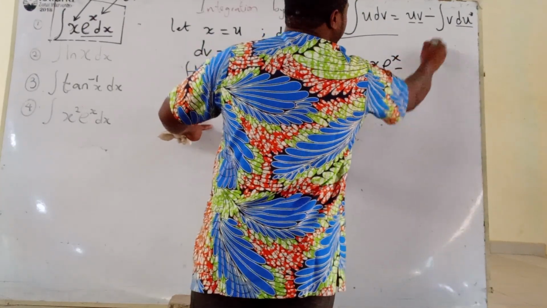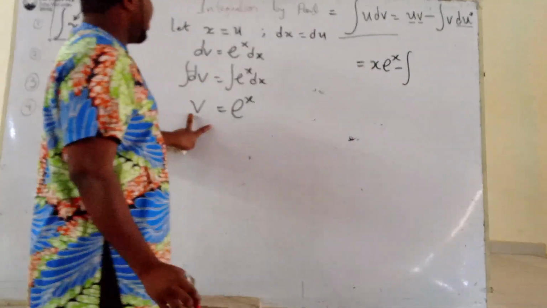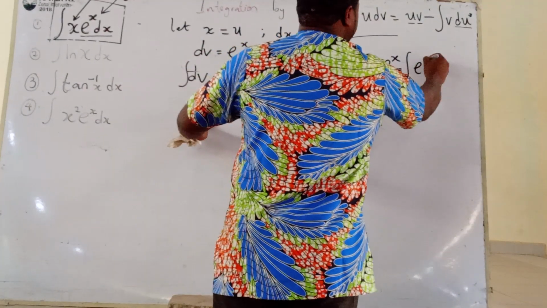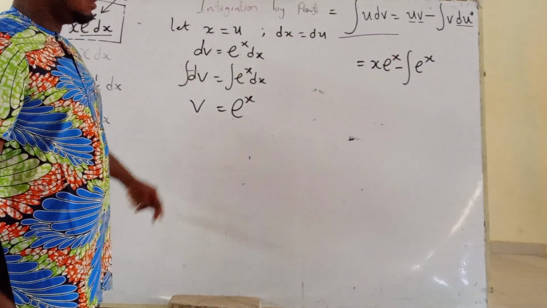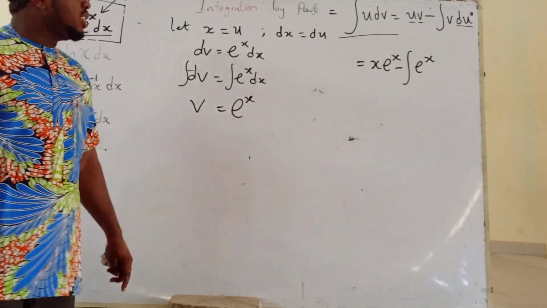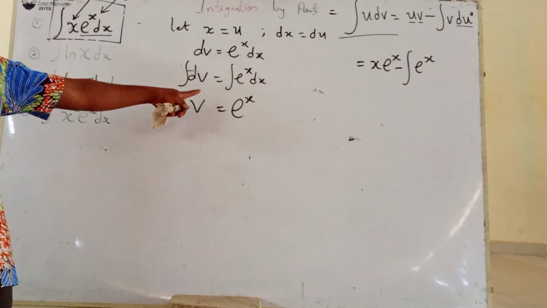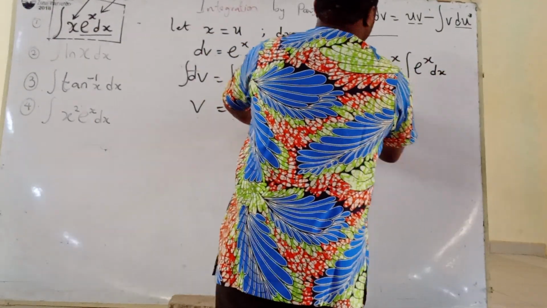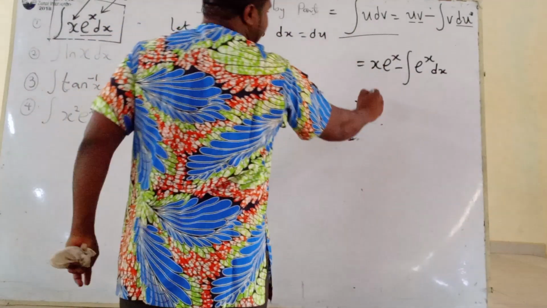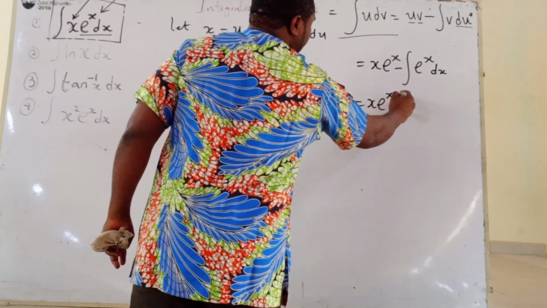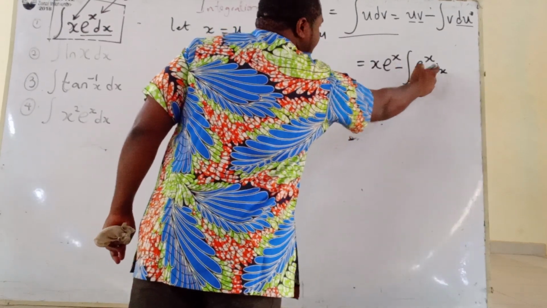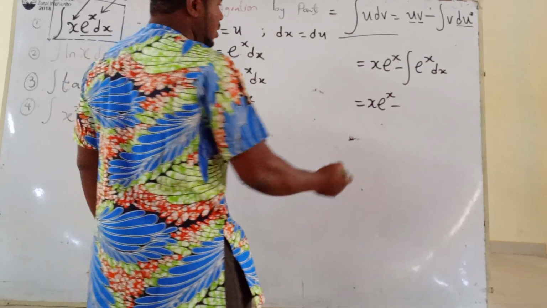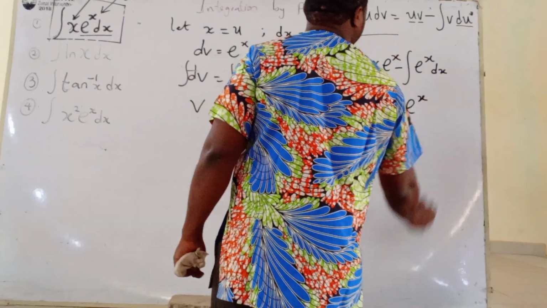Minus integral, v is exponential x, and du is dx. So this part of the integral, I am done with it. Integral of exponential x dx is exponential x.